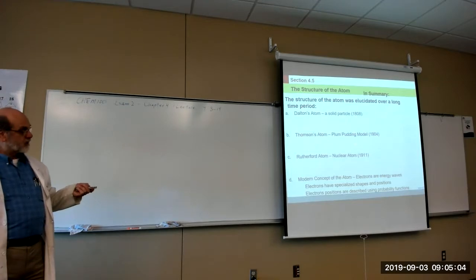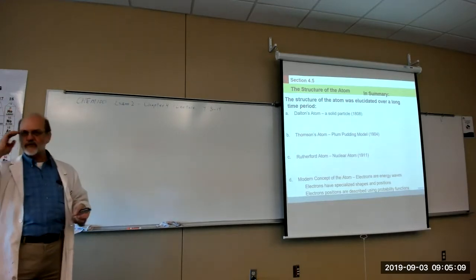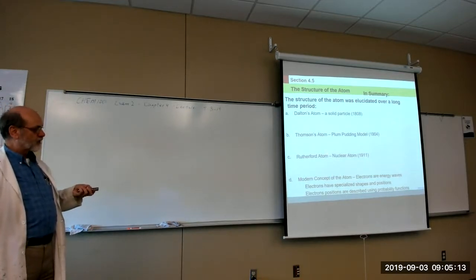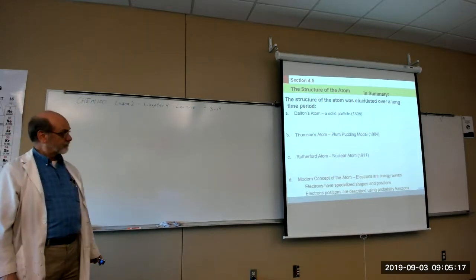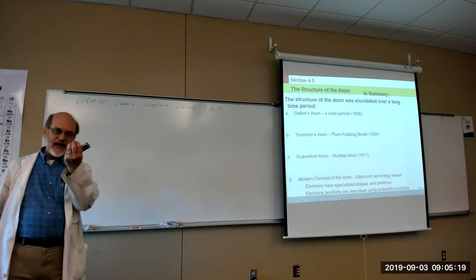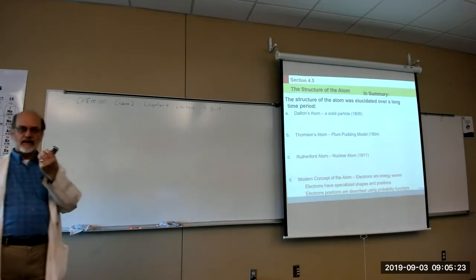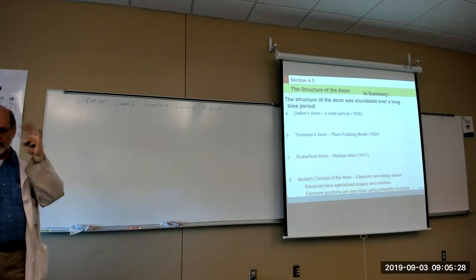Thomson, of course, identified the electron, so he said, okay, now the positive and negative charges have to be neutralized. My model is the plum pudding model. But Rutherford said, no, it's a nuclear atom, and proved it. Right? So now we have most of the mass in the nucleus, and the positive charge, and the electrons are out here in space.